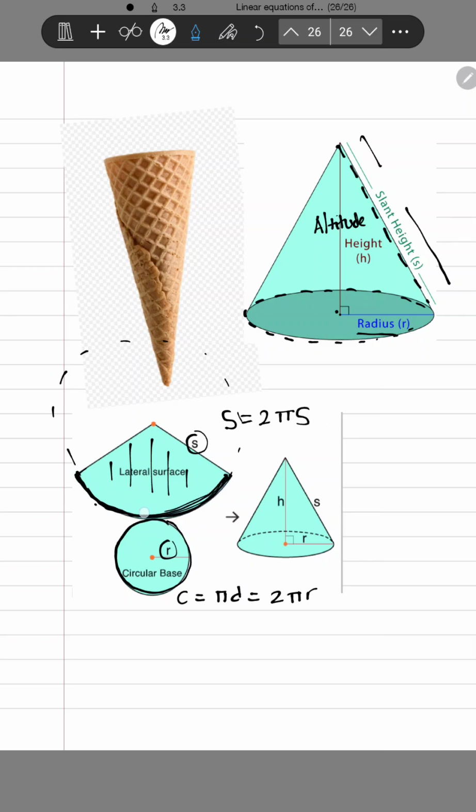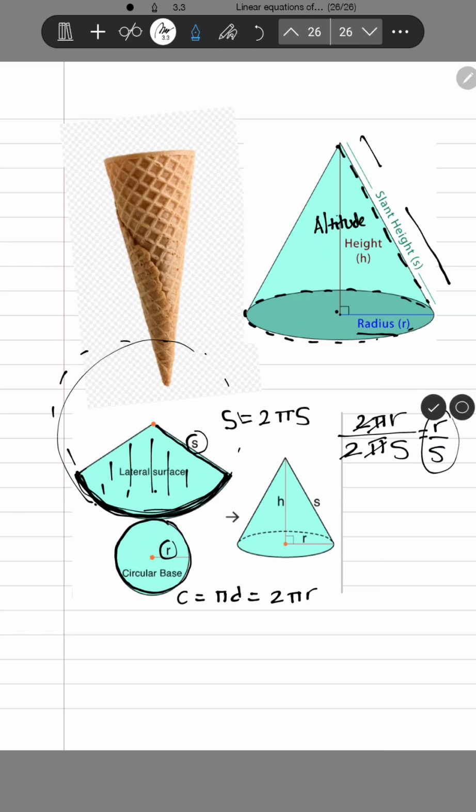This part divided by the total is the ratio of the area which we see, which is going to be 2 pi small r, which is this part, divided by 2 pi slant height, the larger radius here. Here 2 pi cancels out 2 pi. Then it's going to be small r divided by s. That is the part of the circle which is here.